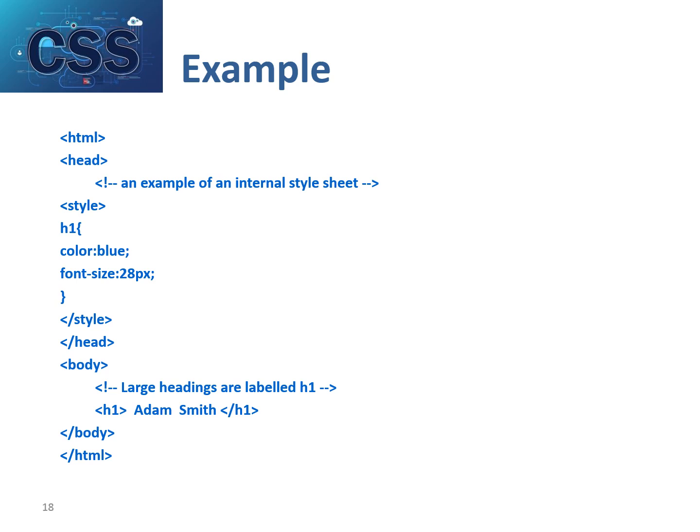Here H1 is specified, then text, then H1 closed. So inside the body of the HTML page, Adam Smith will appear in blue color with font size 28 pixels. These are the things defined for H1.